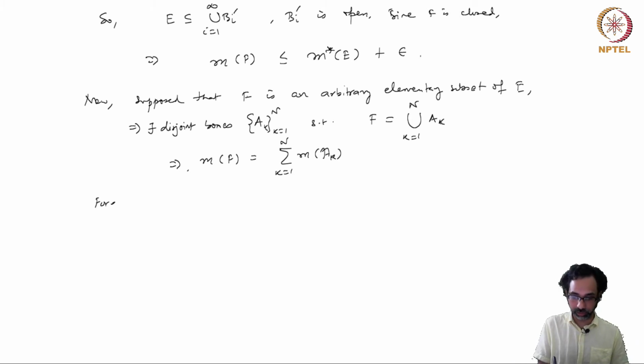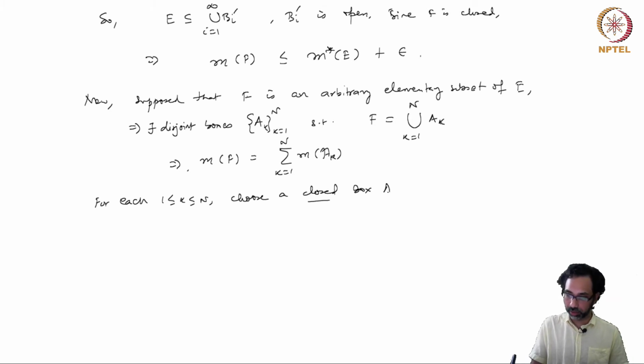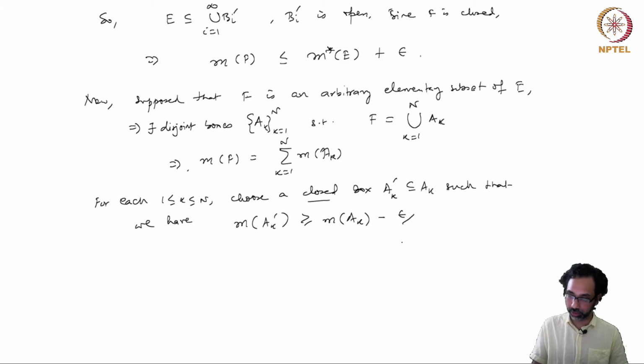So for each k between 1 and N, choose a closed box Ak prime inside Ak such that the measure of Ak prime is greater than or equal to the measure of Ak minus epsilon by N.